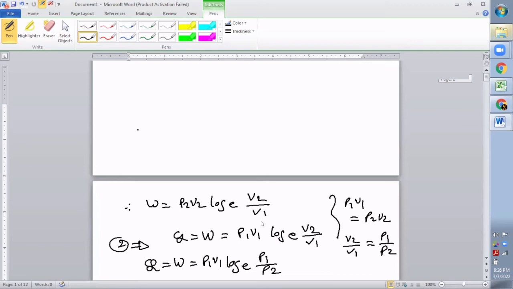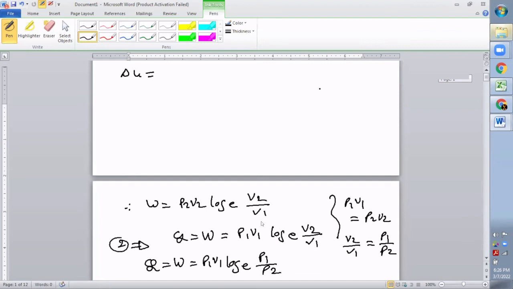They can also ask you to prove that the change in internal energy for an isothermal process is equal to 0. So simply we need to explain this isothermal process and how we are maintaining temperature constant, and then state Joule's law.